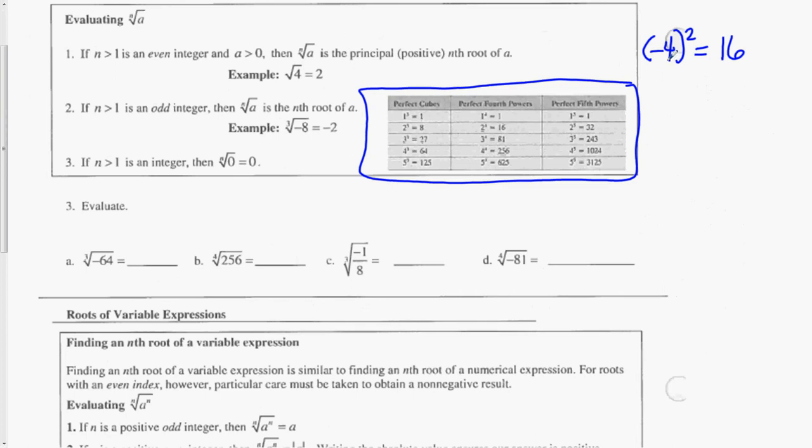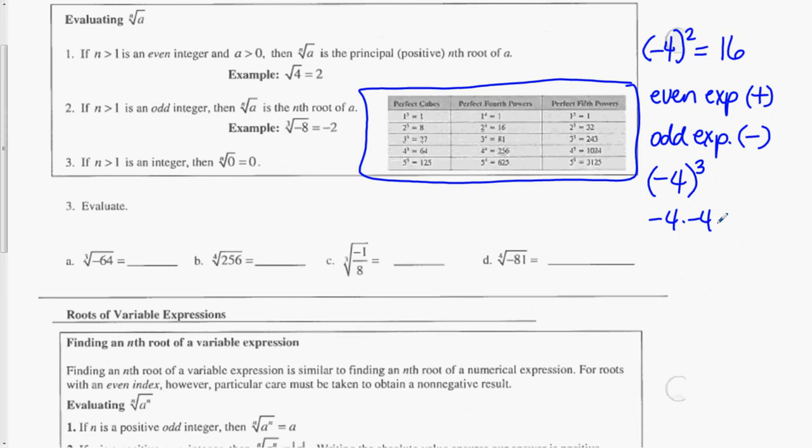So if you remember the rule from exponents that you may have done a long time ago, even exponents give us positive answers when we are raising them to powers. Odd exponents can give us a negative answer because if I took that same -4 and I cubed it, that's -4 times -4 times -4, which would be -64. So we can reverse that.